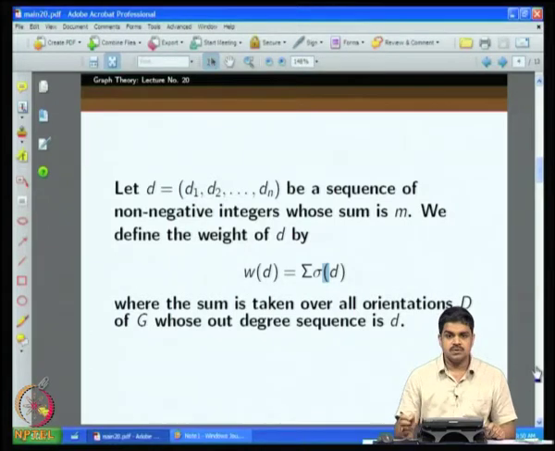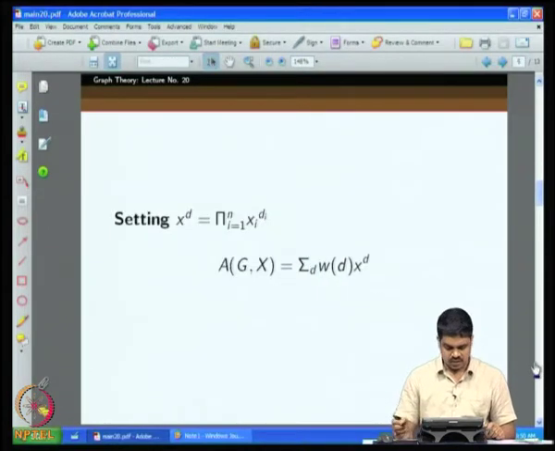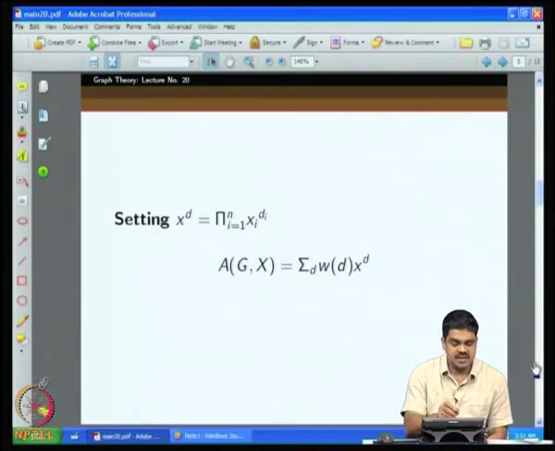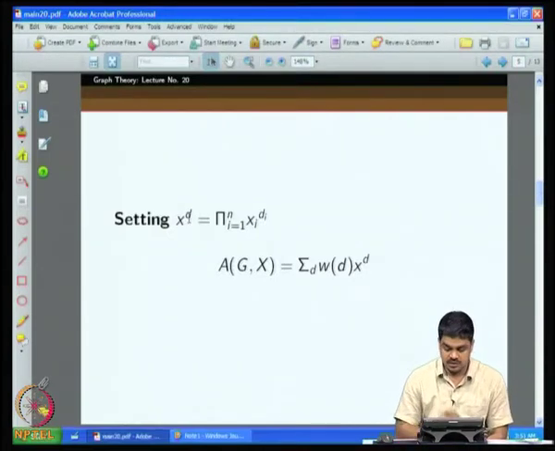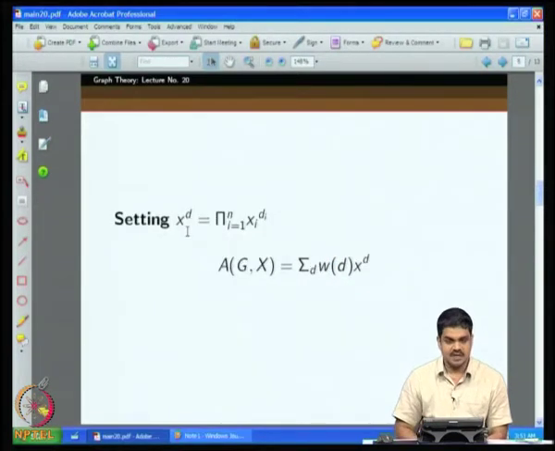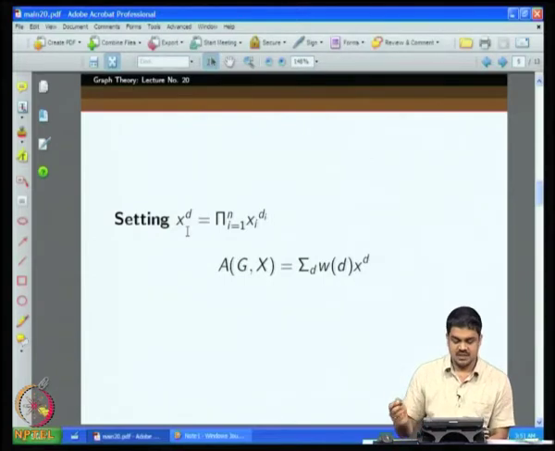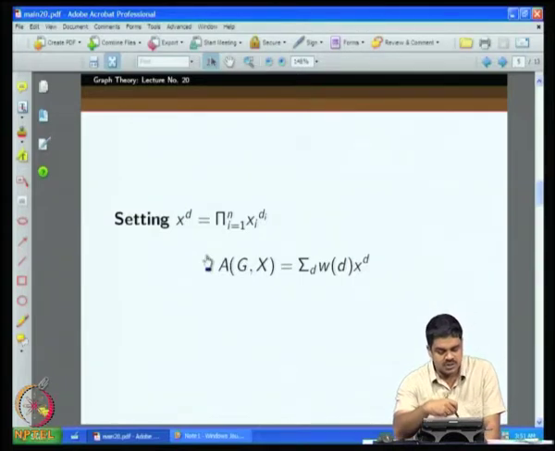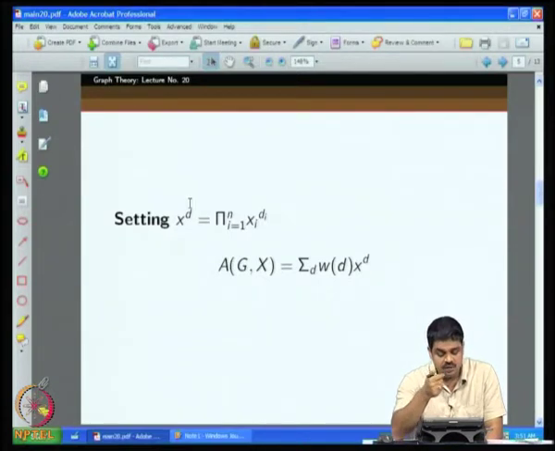Now the next thing is to say that, for instance, you can write x raised to d, d being a degree sequence, d is equal to d 1, d 2, up to d n, and x is the n tuple of variables x 1, x 2, x 3. That is a short form of the monomial x 1 raised to d 1, x 2 raised to d 2, x 3 raised to d 3, up to x n raised to d n.